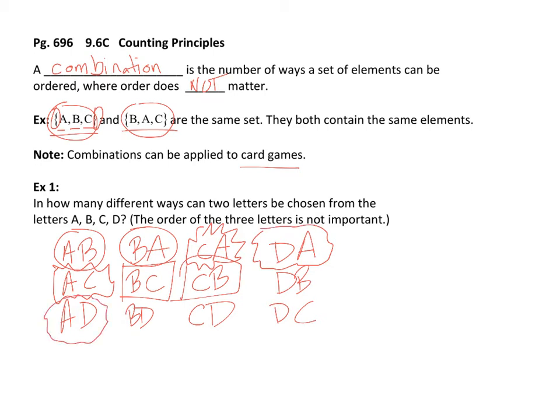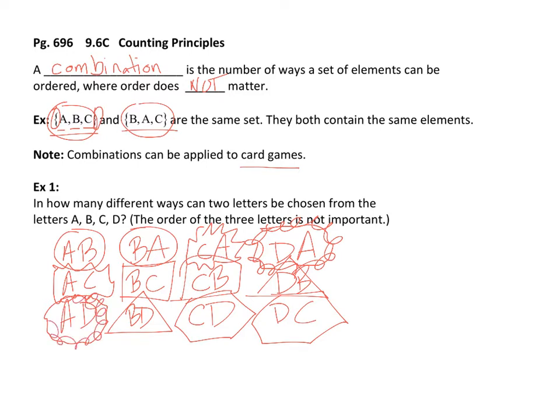Then I have BD and DB, and I have CD and DC. Now I could tell them apart.